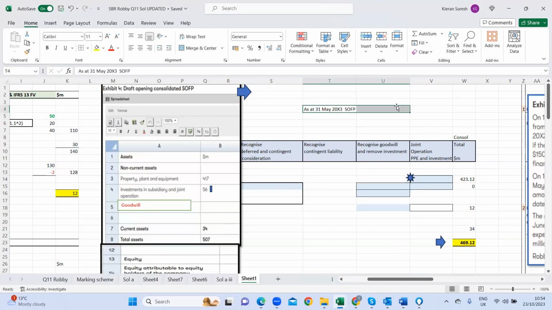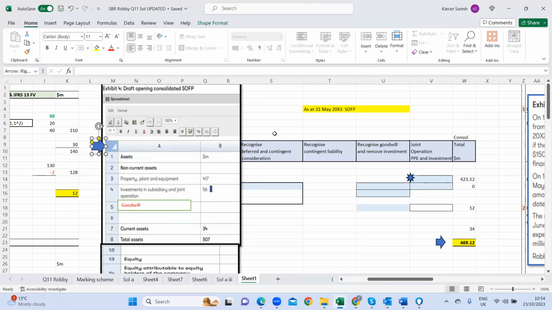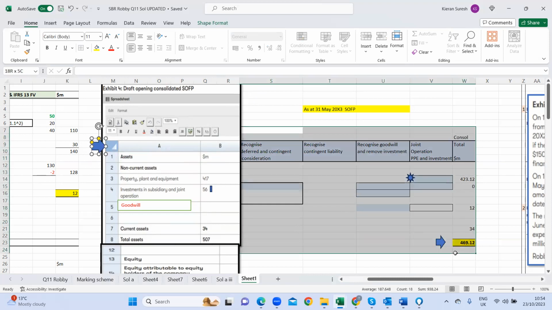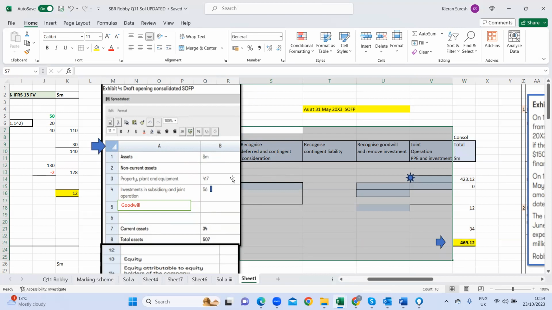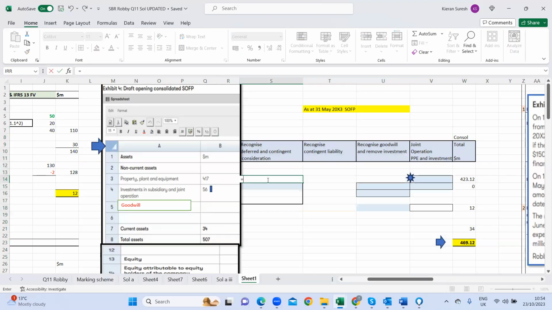I have inserted additional columns here. The advantage of inserting additional columns, with plus and minus and subheadings, is that it's much easier, and the marker can easily see your work.